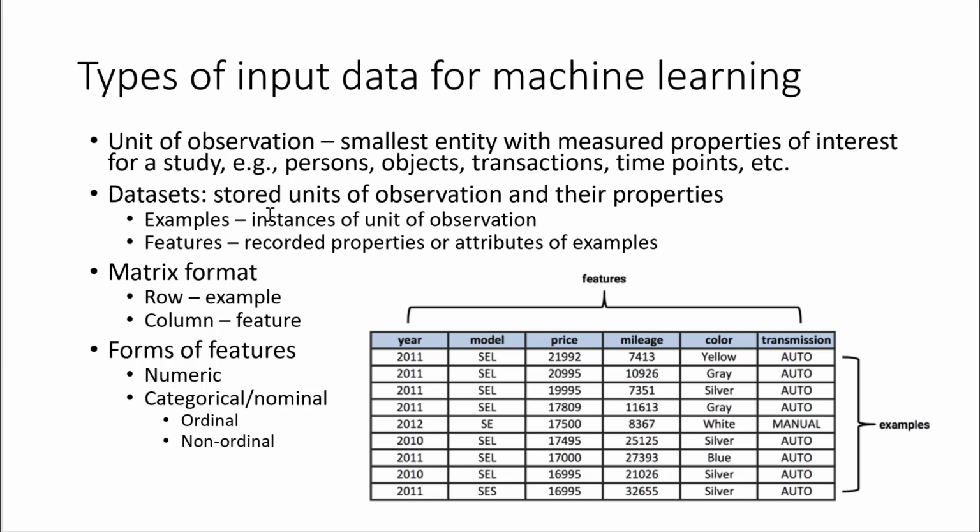Okay, so now we know the unit of observation, the feature, and the examples. Examples are instances of the unit of observation, and the features are recorded properties or attributes of examples, often presented in a matrix format. For example, if I want to build a machine learning model to identify spam emails, the unit of observation will be email messages.